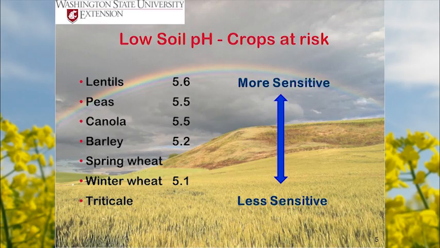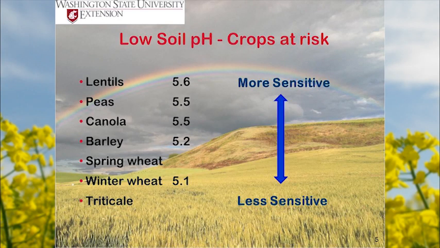But you can see lentils, peas, canola up there, barley gets in a little bit of trouble when you get down to 5.2. Wheat, listed as 5.1 pH, it's kind of a critical level, although we can still grow some. If you have a really acidic soil, you might be looking at triticale as an alternate crop that we can actually get some yield out of. So that's something to look at too.